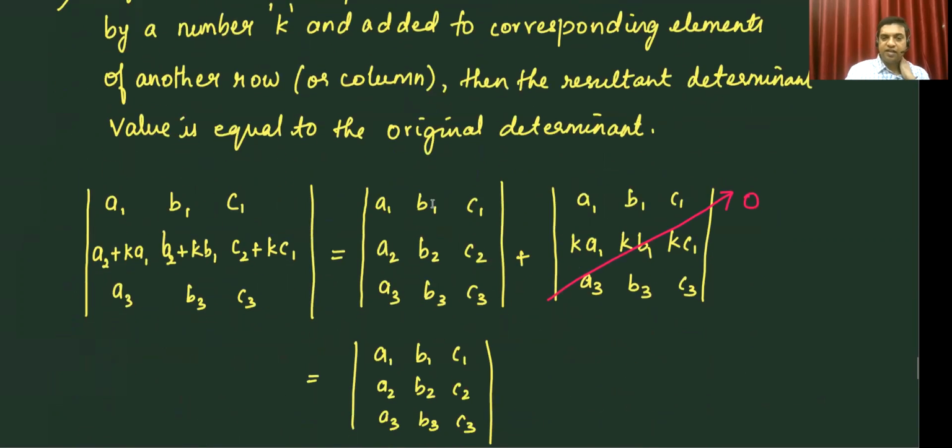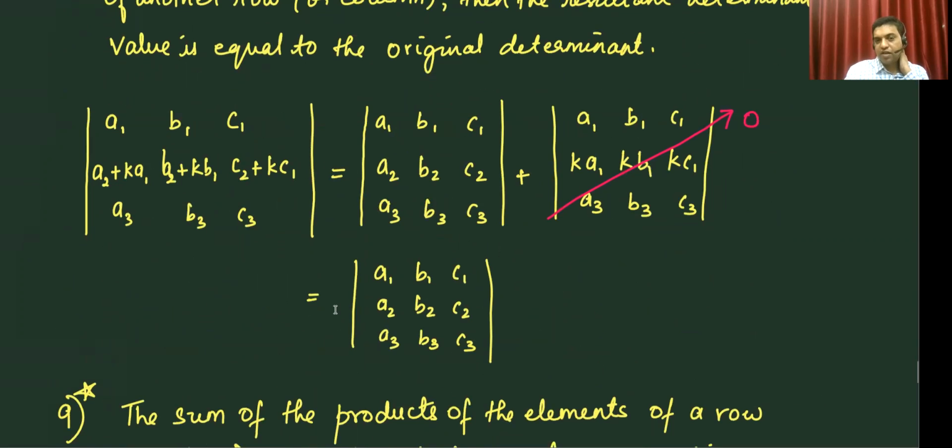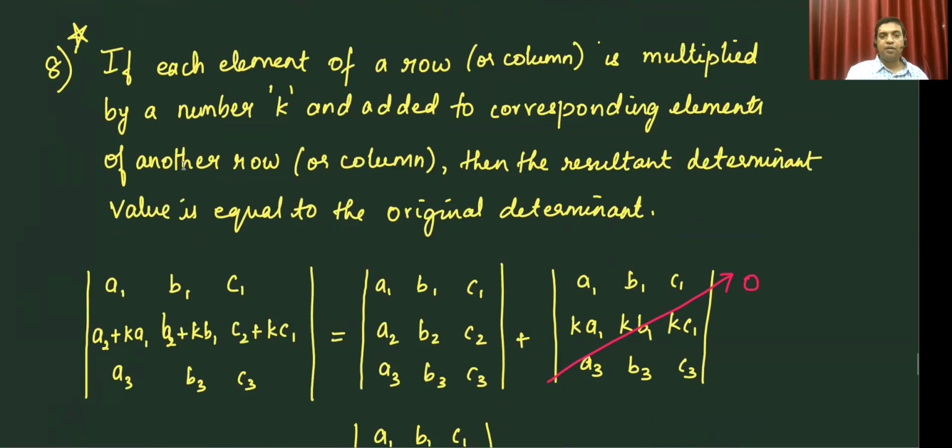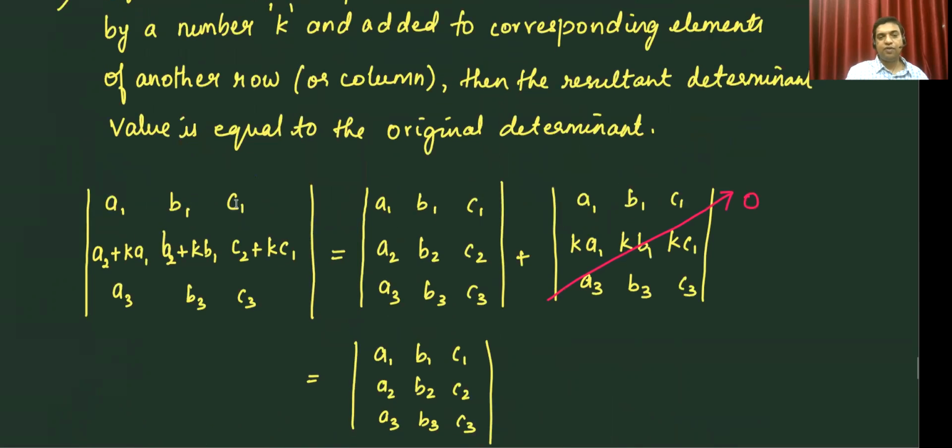Now next, any determinant, the original determinant, can be written in this form. Any row can be written as the sum of that particular row's elements plus k times the elements of any other row.